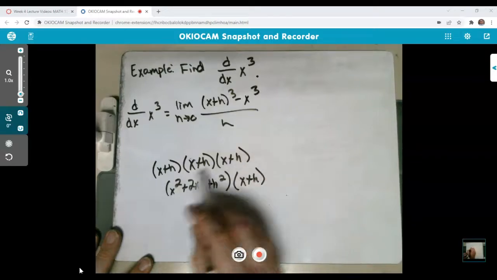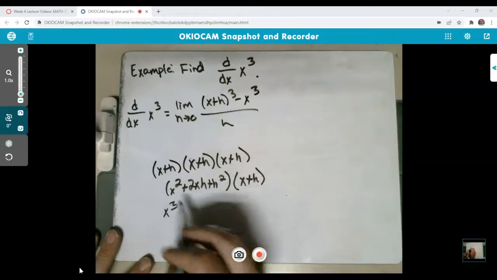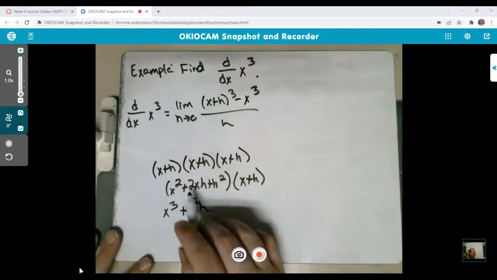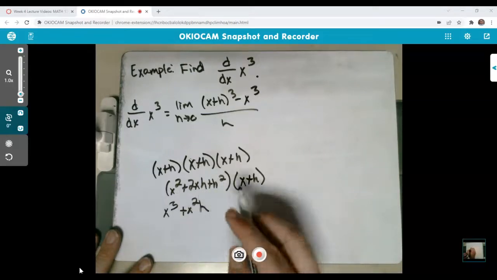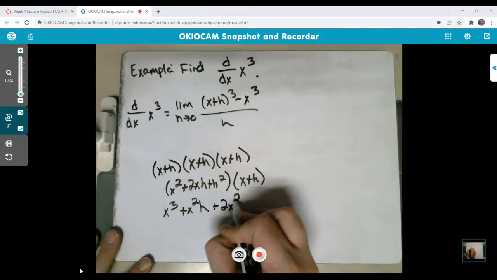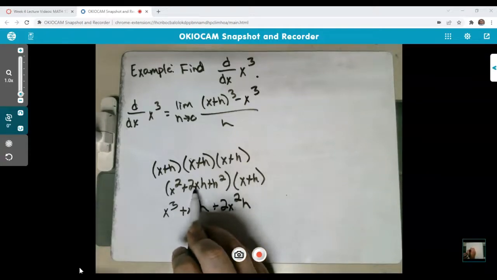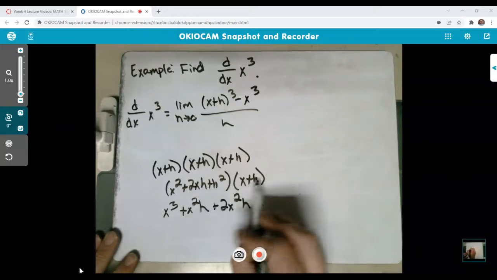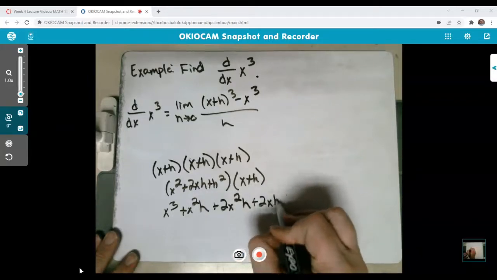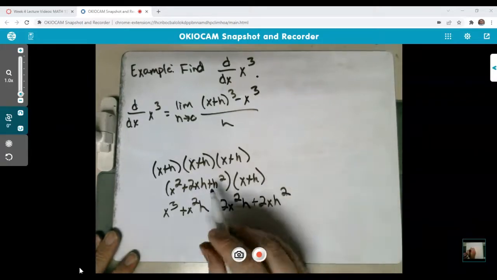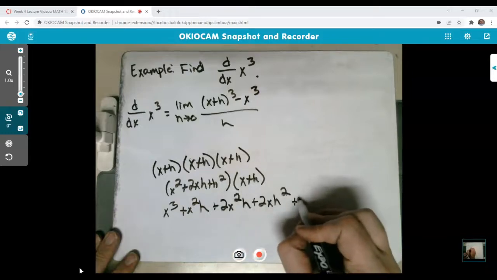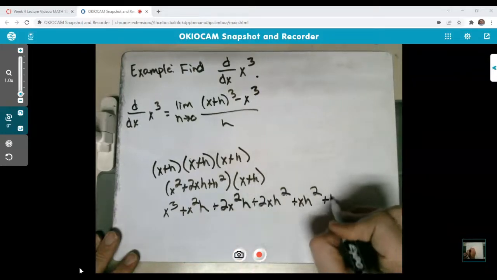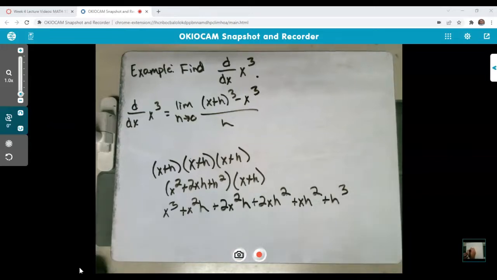So now do x squared times x, which is x to the third, x squared times h, just leave that as x squared h. 2xh times x is 2x squared h. 2xh times h would be 2xh squared. h squared times x is xh squared. h squared times h is h to the third.